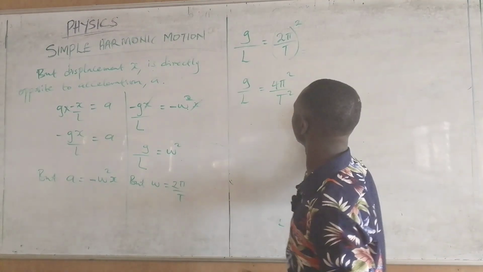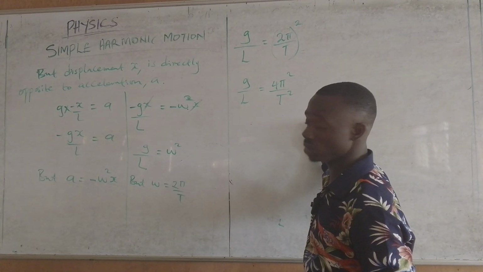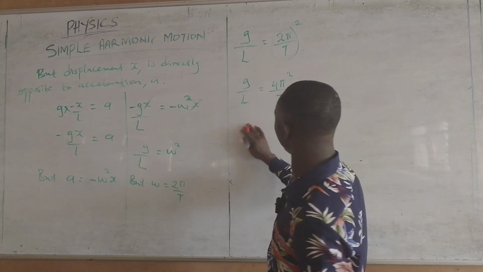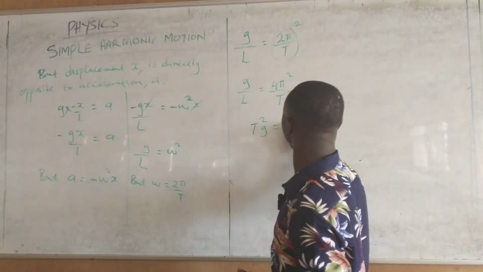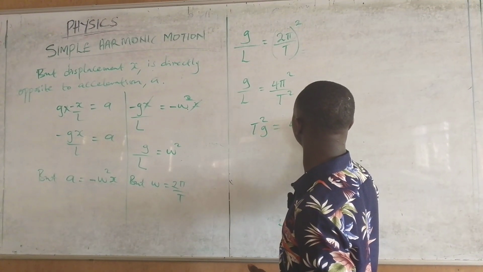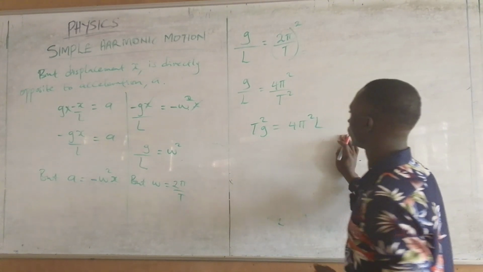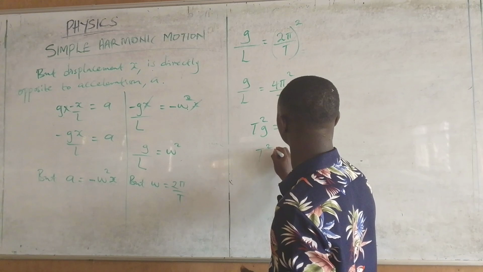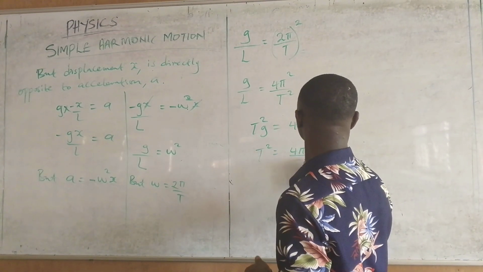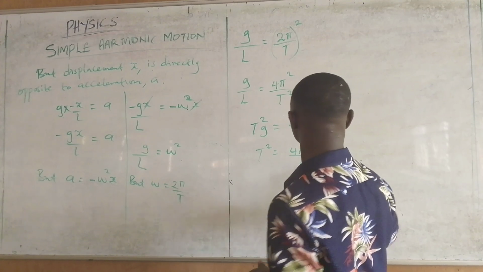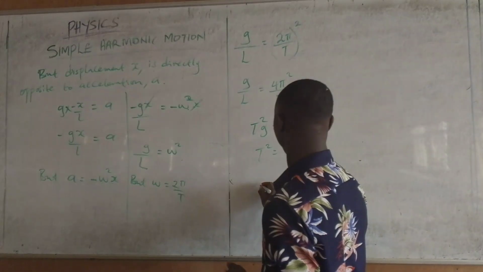Now we are going to make T the subject of the formula, the period of oscillation. If we cross multiply, we have T squared G equals 4 pi square L. So T squared will now be equal to 4 pi square L over G.